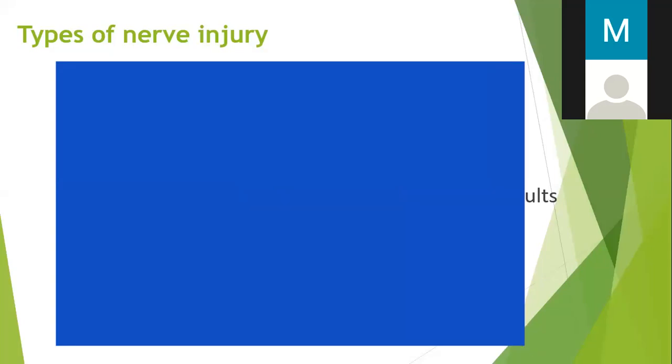Causes of nerve injury. What did you say? Maria? I said we learned the causes of nerve injuries like compression, crush, stretch. Okay, there you are. The next person, don't put your hand down because I want to take attendance for everybody.